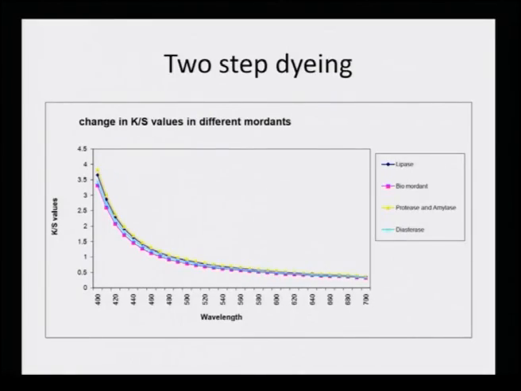So, now we have learnt one thing, that pre-mordanting and dyeing gives rise to two different steps. So, we call it two step, and the change in K by S values when noted for lipase, biomordant, protease amylase and diesterase was found that the protease amylase showed the best result with Eclipta.